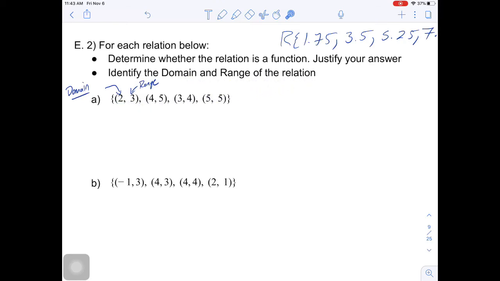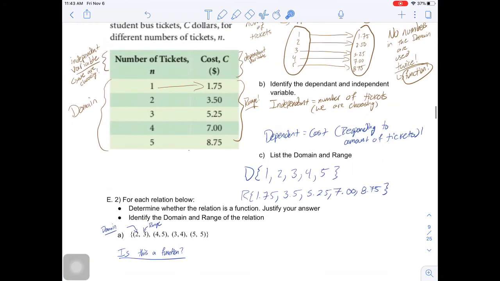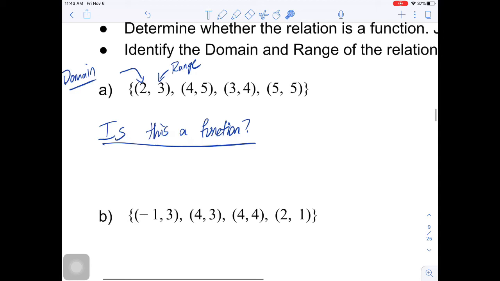So here, let's figure out, is this a function? In order to figure out if it's a function, remember, do any of my domain values show up twice? Well, here I have 2, 4, 3, and 5. So domain is made up of 2, 4, 3, and 5.